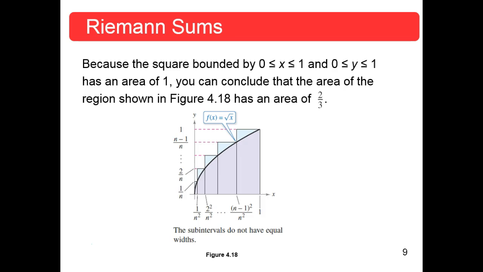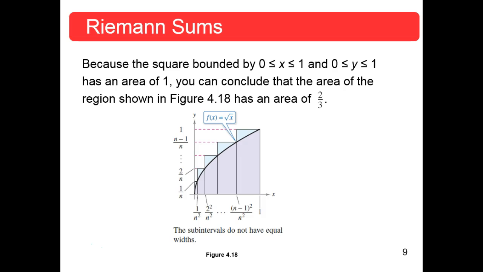Now, because the square bounded by x going from 0 to 1, y going from 0 to 1, has an area of 1, you can conclude that the region shown here has an area of 2/3, which is what we just calculated to be.